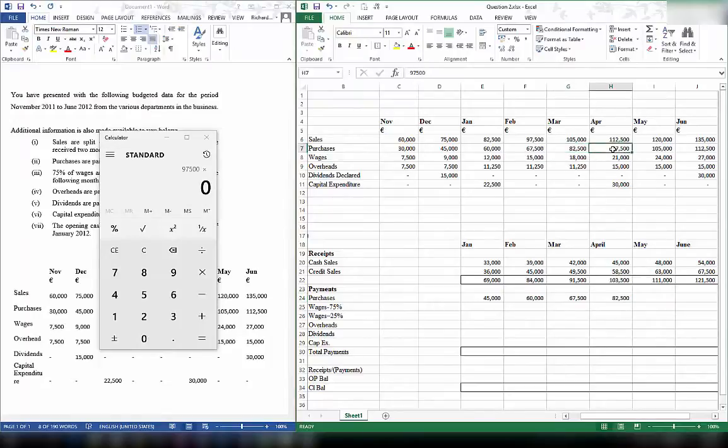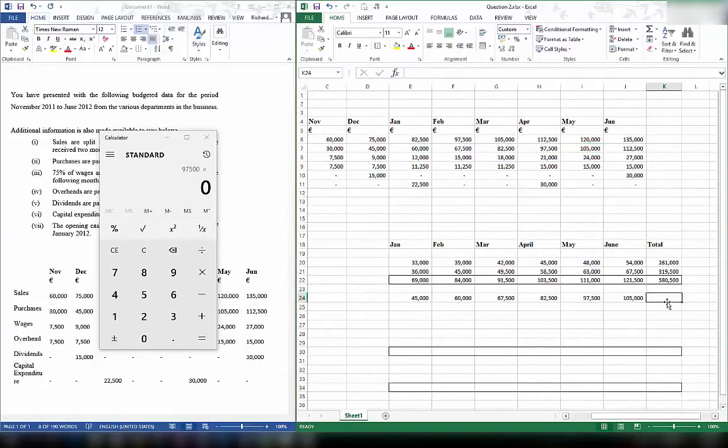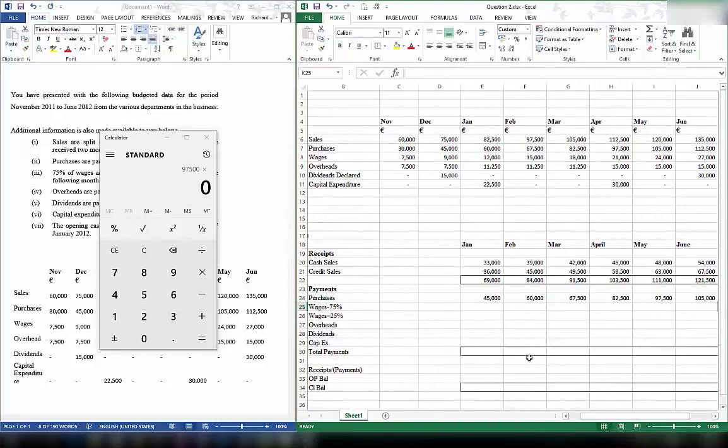From March, our May is 97,500 for the previous month. And in June, 105,000 again from the previous month. And we'll total all of those up again. So our total purchases are 457,500. So they're just paid the following month after they occur.